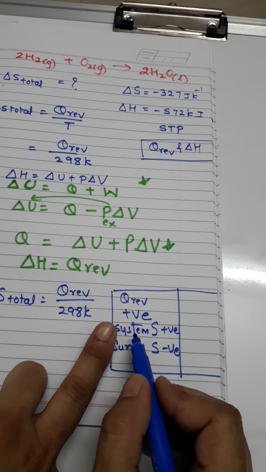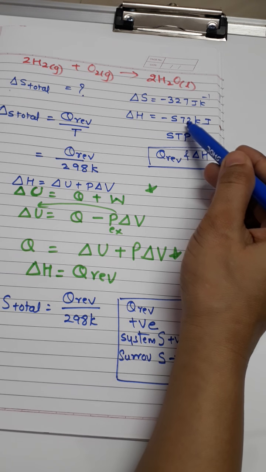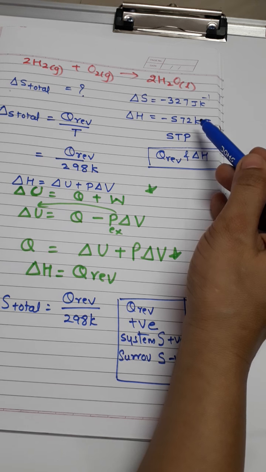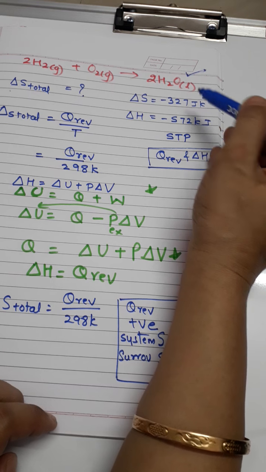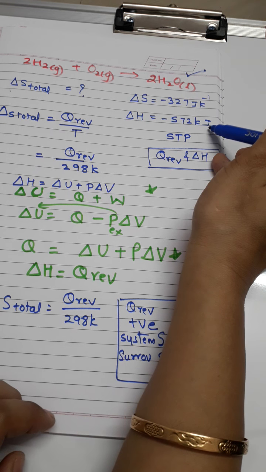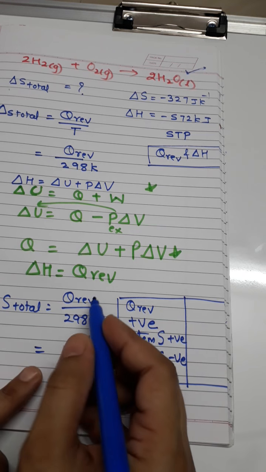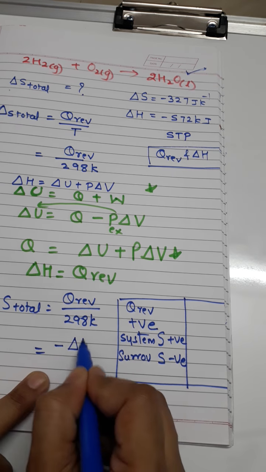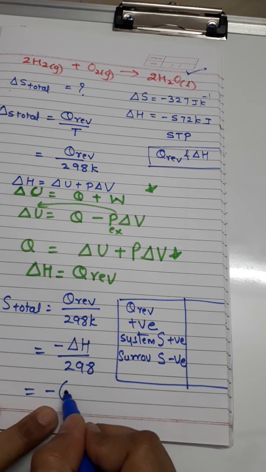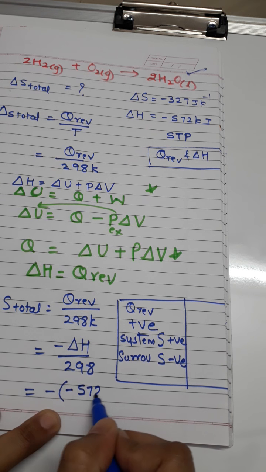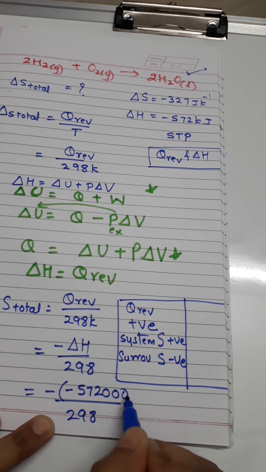Now in this example, it is written delta H is minus 572 kilojoules. What does it mean? It means that when the product is formed, 572 kilojoules of heat is given to the surrounding. Given to the surrounding means, in this case I would write it as minus delta H upon 298. So the value of delta H is given as minus 572, I'm converting it to joules, upon 298.